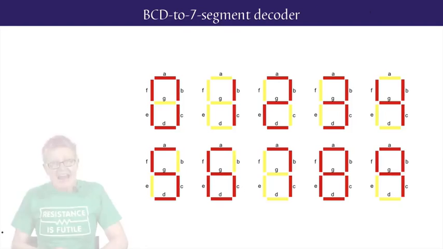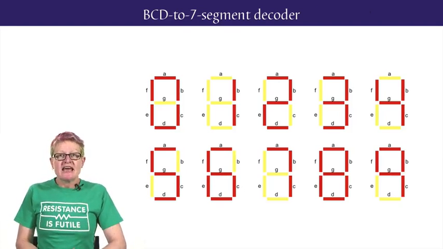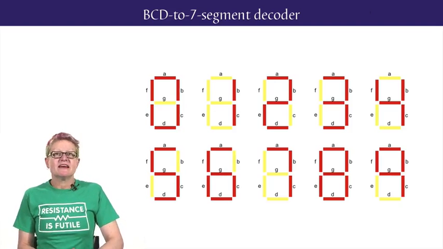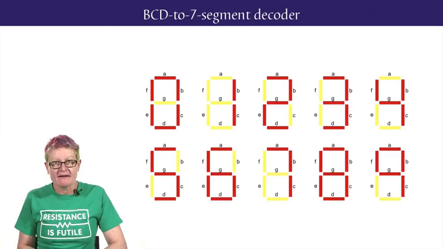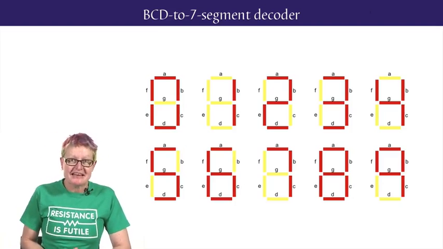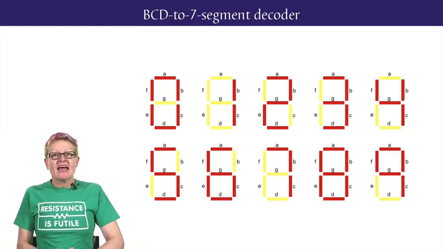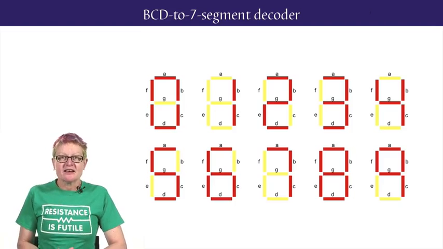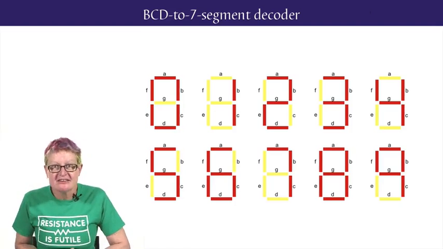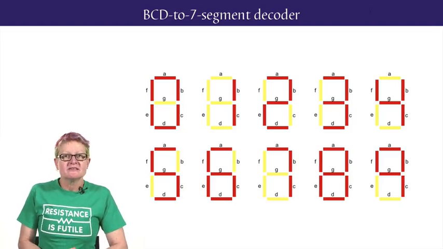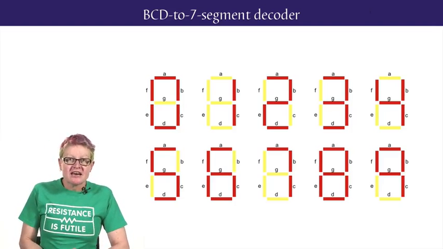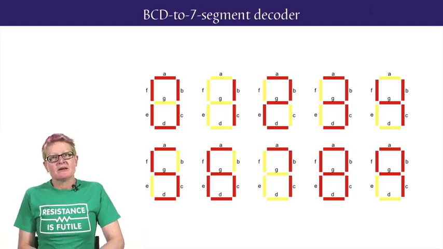For all 10 decimal digits, here are all the patterns needed to form those symbols on a 7-segment display. Notice that the patterns are all distinct, and it is only the 8 that is required to light up all 7 segments, and all the other numbers leave out at least one segment.